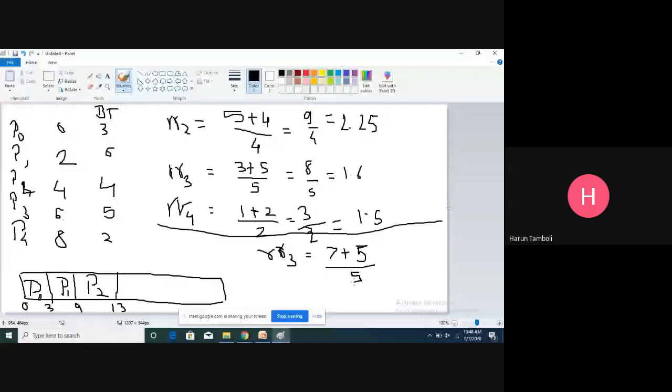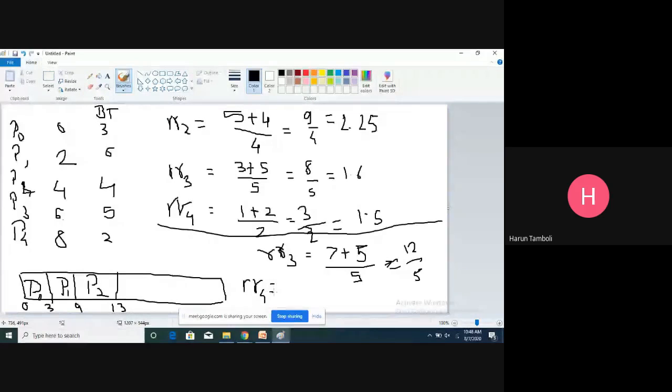That is 12 by 5, which is 2.4. So 2.4 for P3. Similarly, calculate the response ratio for P4 at time 30.